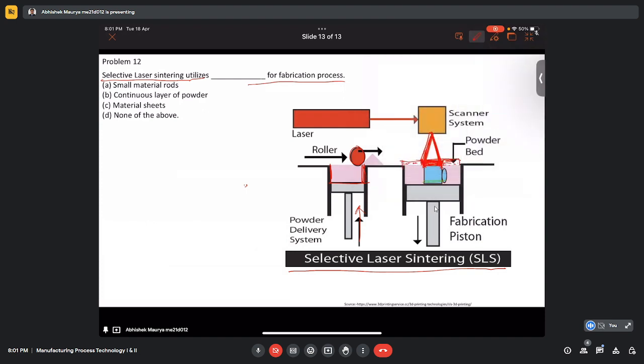If you see this component, it has been formed by depositing different layers of powder followed by sintering. So this is also a kind of additive manufacturing process, where continuous layers of powder are sintered in selected zones, and that's how the component is made.